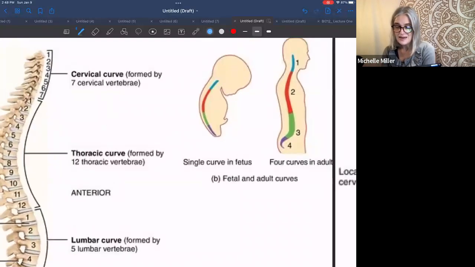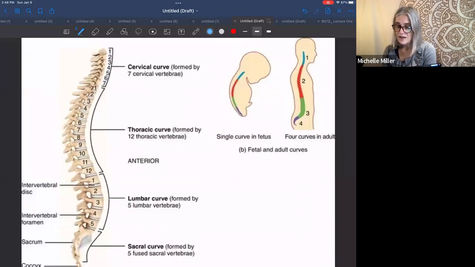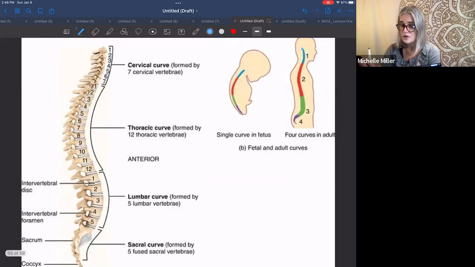So that would be fetal position. When we look at the development of the curves in the adults, we have these 4 different curves. And so this is sometimes referred to as a concave. This is convex. This is concave, and then this is convex. And so you don't need to know that, but the natural curvature is important.